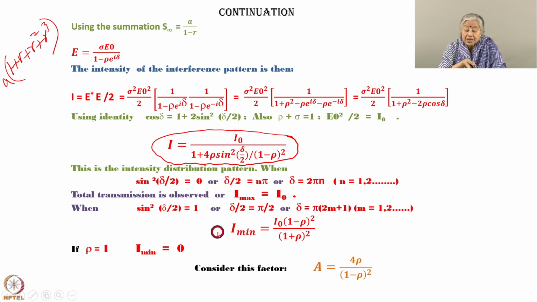So, my minimum intensity is governed by the reflection coefficients, that means by the reflections of the inner surfaces of those two plates shown in blue, P1 and P2.